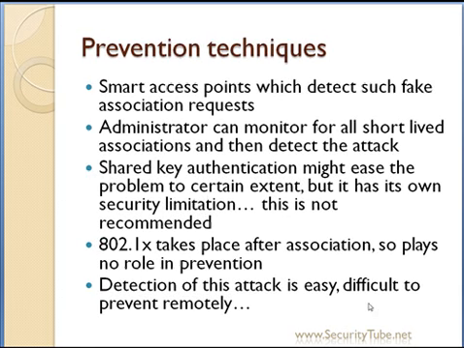Now how can one prevent such association flood or authentication flood attacks? The ideal point for preventing such attacks is the access point end. At the access point, if one employs some algorithm to detect such floods, the algorithm can be as simple as: do not accept any association if the last association request was received within n seconds.